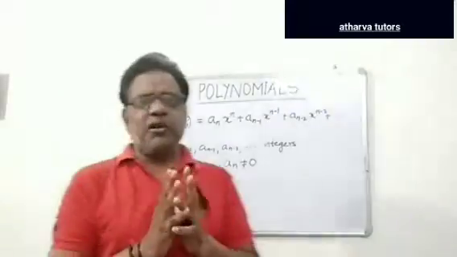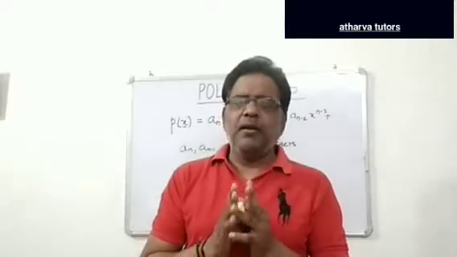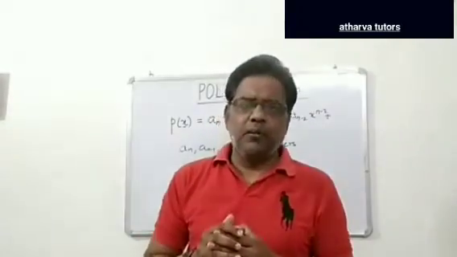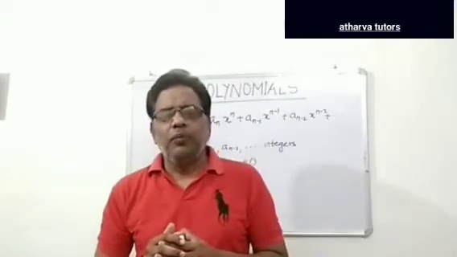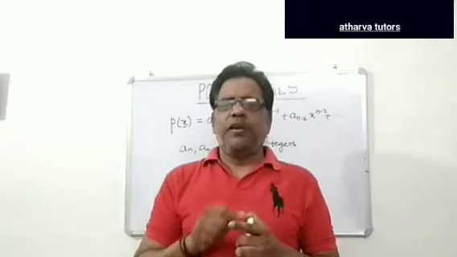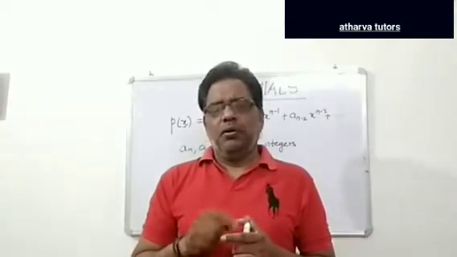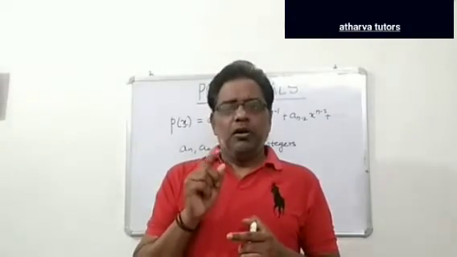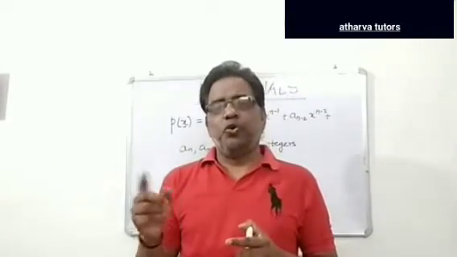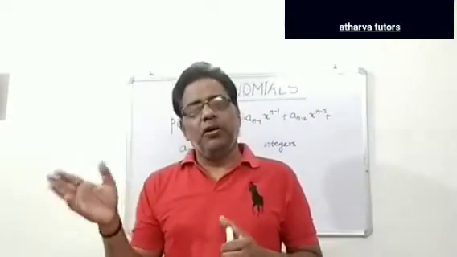Now, you had studied regarding degree of the polynomial. The highest power variable, or in other words, the highest power the variable had was said to be the degree of the polynomial.